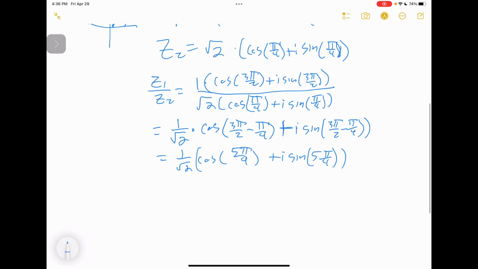Now I just want to show you where that is. Hopefully you already know that this is 5 pi over 4. The answer in the book is negative 3 pi over 4, which gets you to the same place.